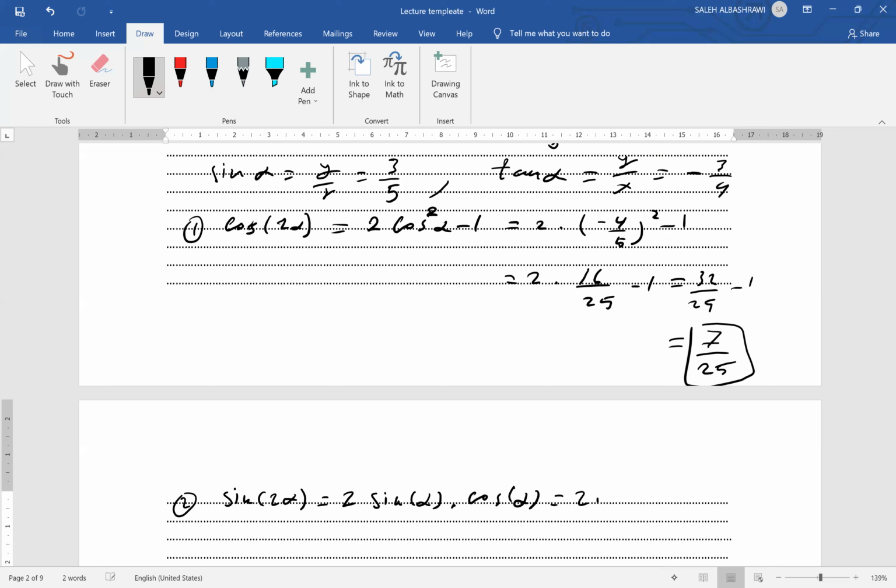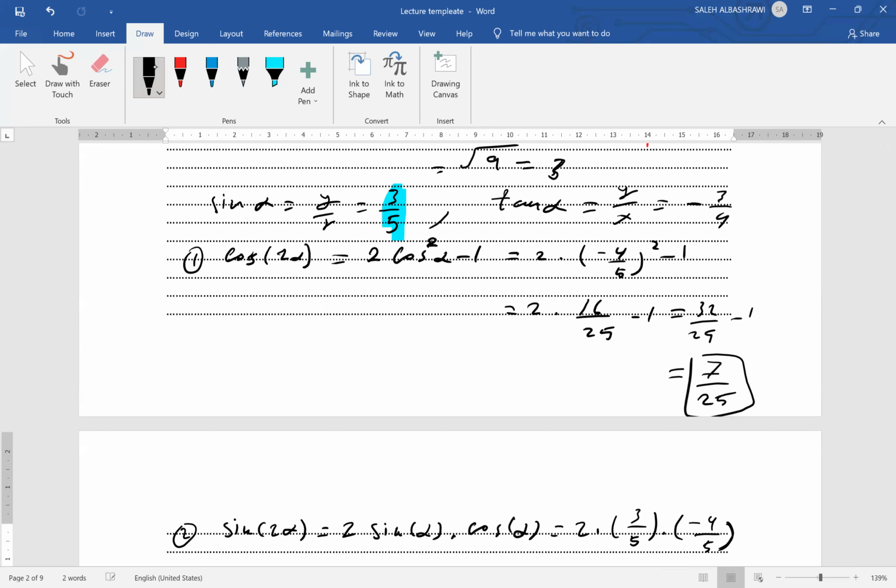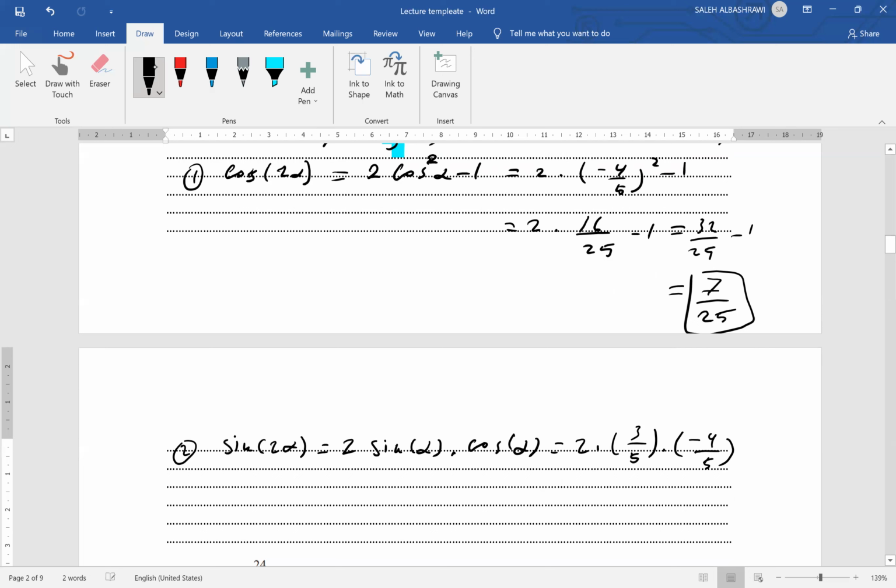This is equal to 2 multiplied by sine alpha, which is 3 over 5, multiplied by cosine alpha, which is minus 4 over 5. And this will be minus 24 over 25.